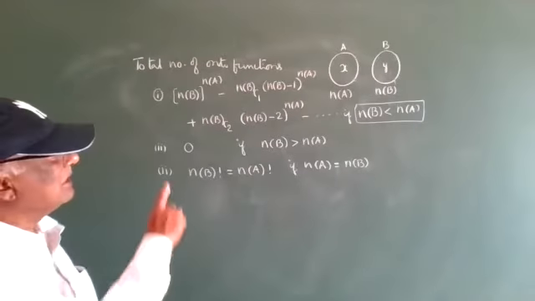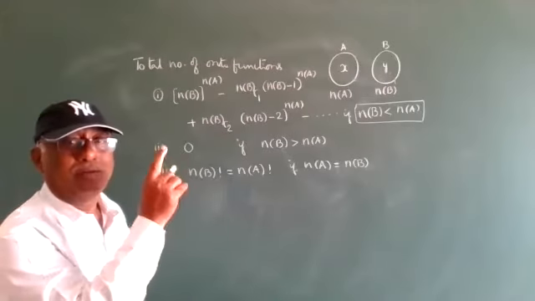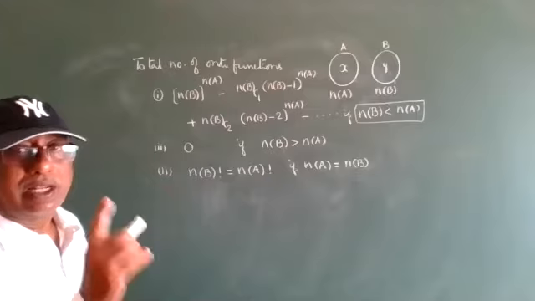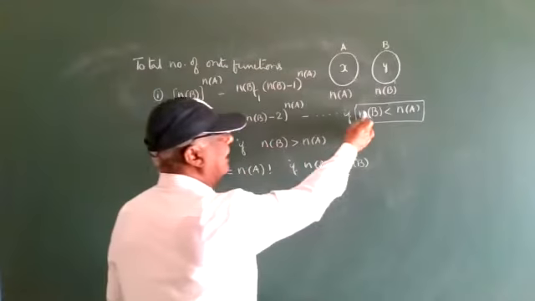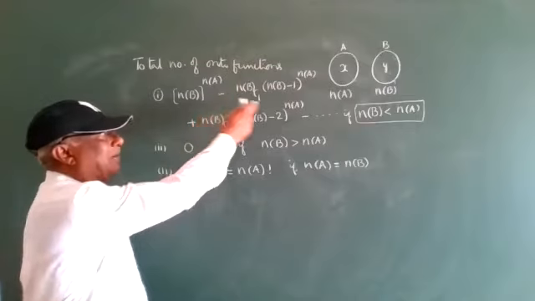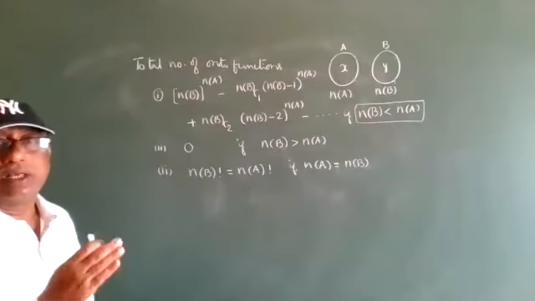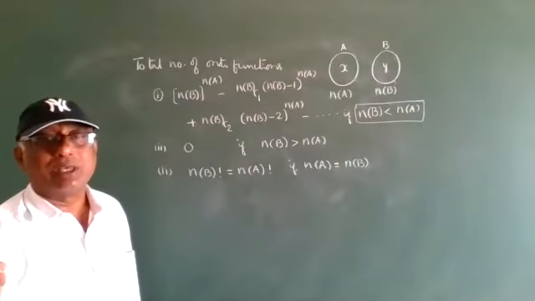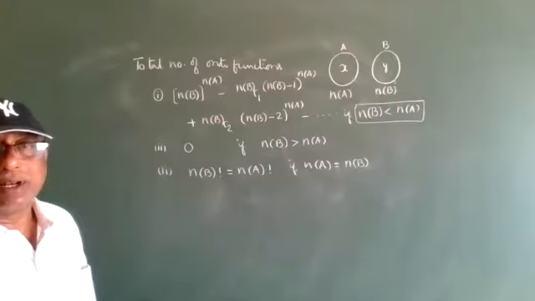Okay? So these are the total number of onto functions. When n of B is less than n of A we apply the formula, going on decreasing up to 0.